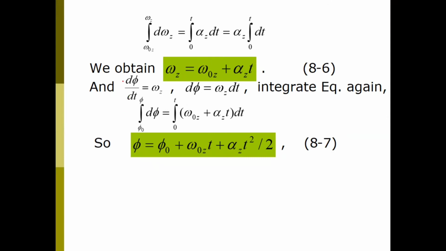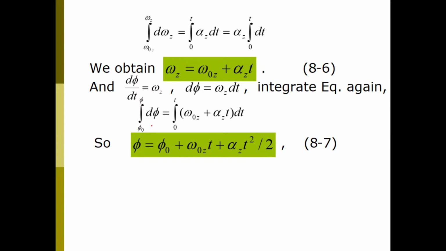And the derivative of theta over the derivative of time is equal to omega sub z, so d theta is equal to omega sub z dt. Then we integrate the equation again, as shown here.